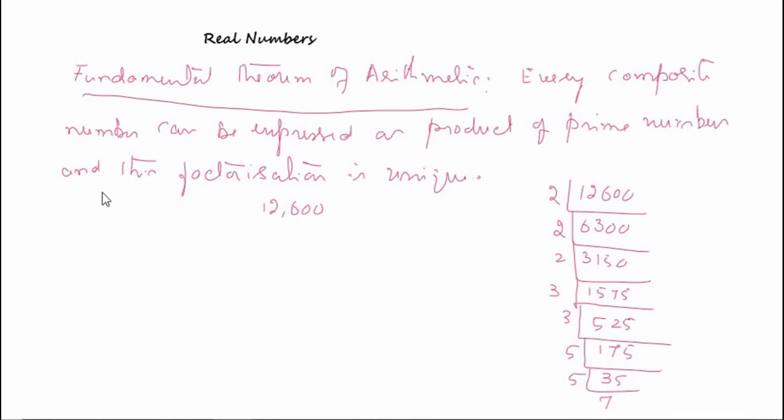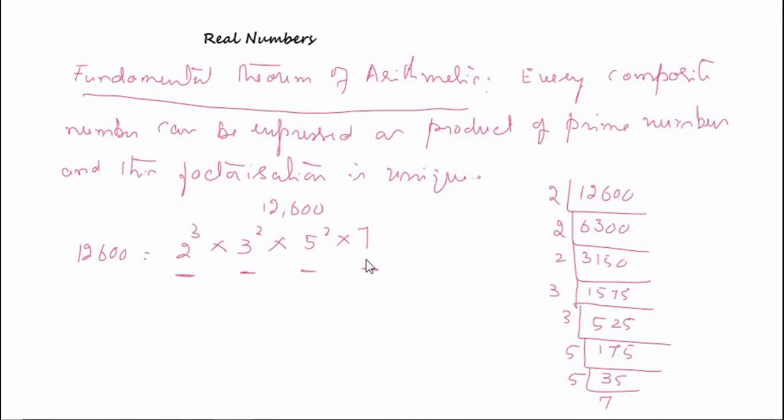So the prime factors of 12,600 are 2 cube into 3 square into 5 square into 7. That means when you represent 12,600 as the product of prime numbers, you will always have three 2s, two 3s, two 5s and one 7.